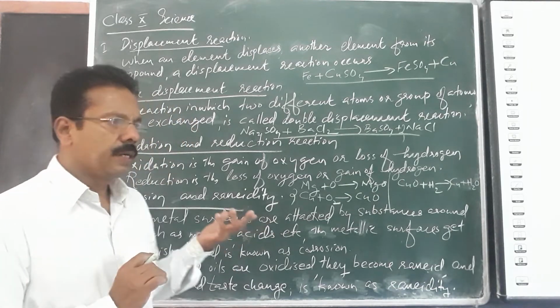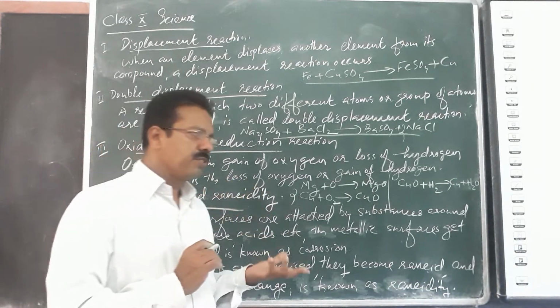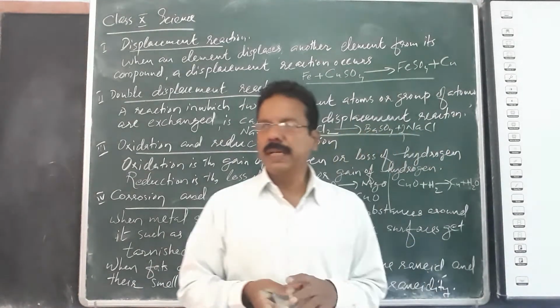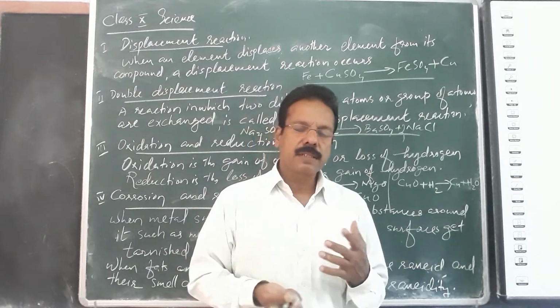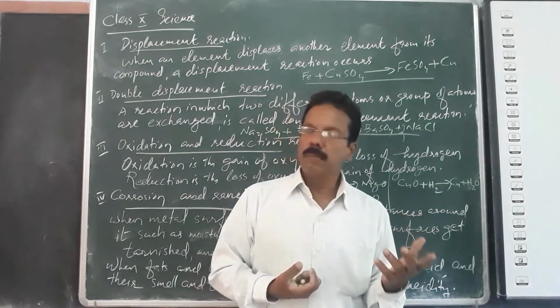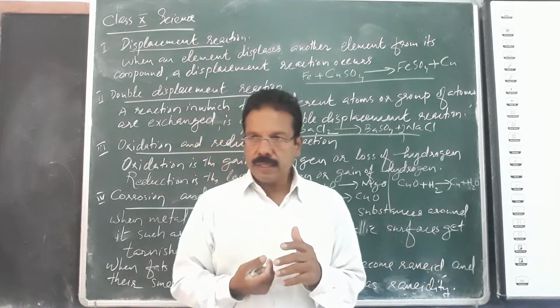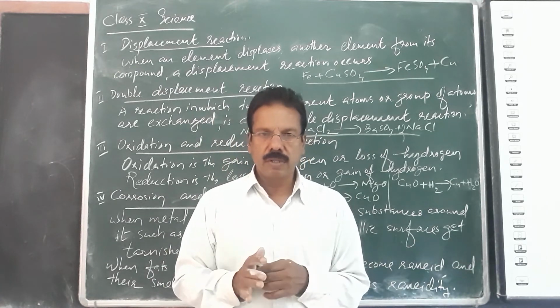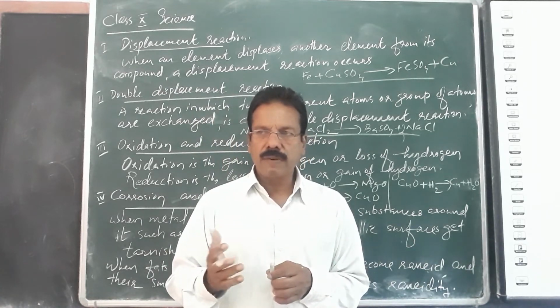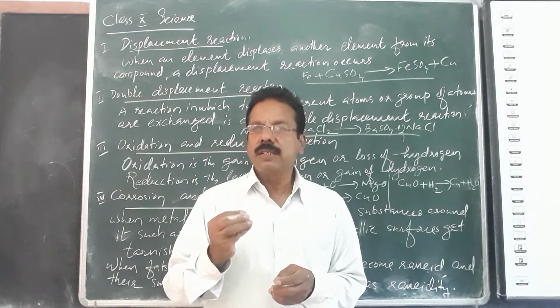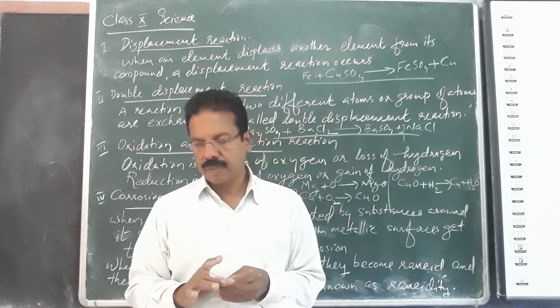Once again, corrosion is the reaction of metallic surfaces with substances present in the atmosphere such as moisture and acids. And rancidity is the oxidation of fats and oils contained in the food, and its smell changes.